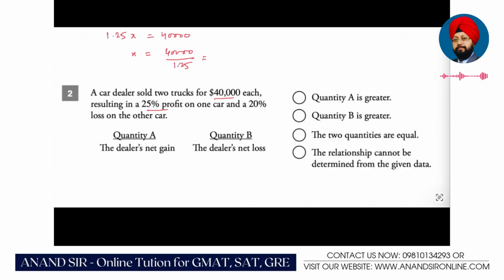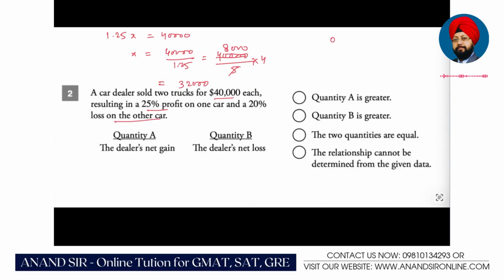I can solve it like this: 40,000 divided by 5 by 4. So this is 5 times 8, that is around 32,000. Whereas he sold another at a loss of 20%.